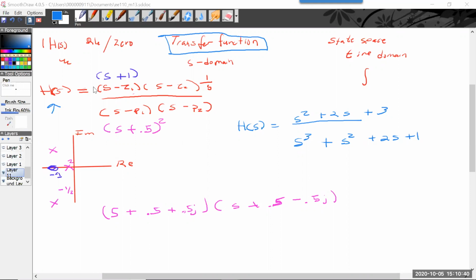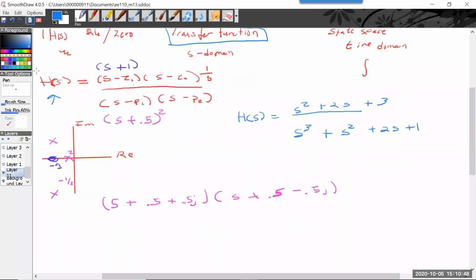So coming back to the pole zero, it's still a transfer function because we can use algebra, right? A transfer function can look something like this, V out of s divided by V in of s, right? You can't do this in the time domain.